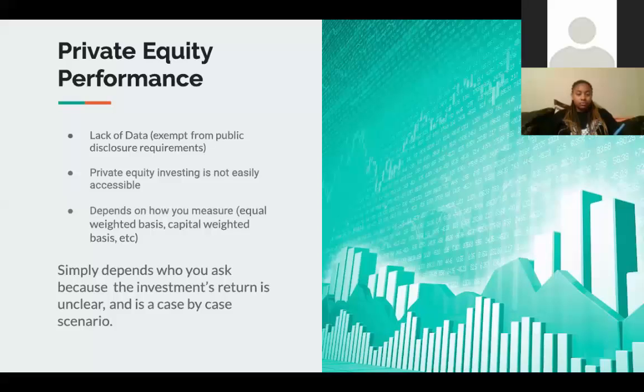There's very much a gray area because it depends on how you measure it, whether it's equal weighted basis, capital weighted basis, et cetera. Not to mention that private equity can be very hard to invest in just because it requires a lot of capital. So regardless, it simply depends on who you ask because just like any investment, it's going to be a case-by-case scenario as far as your return on investment.